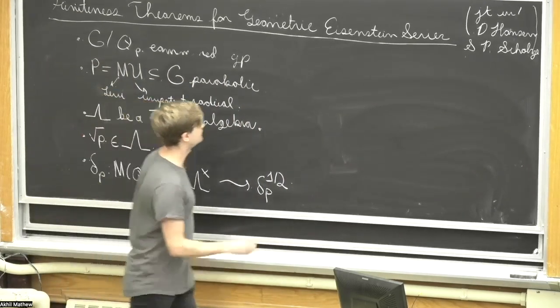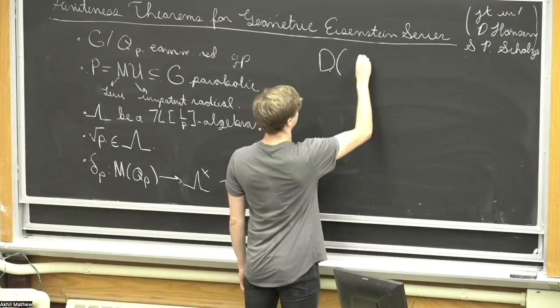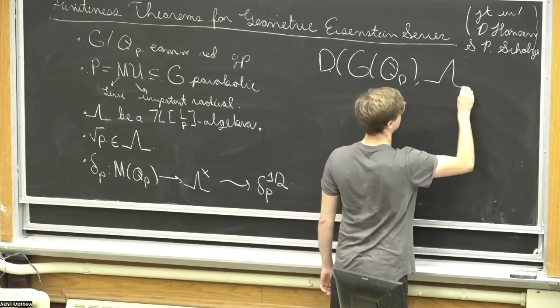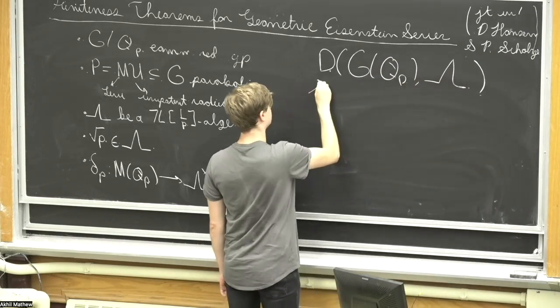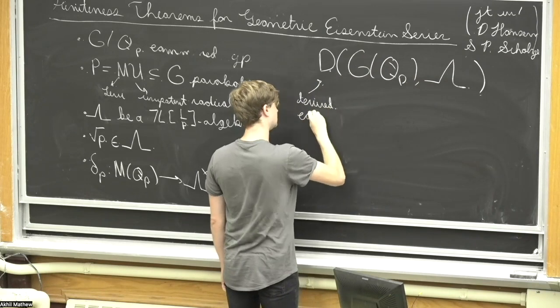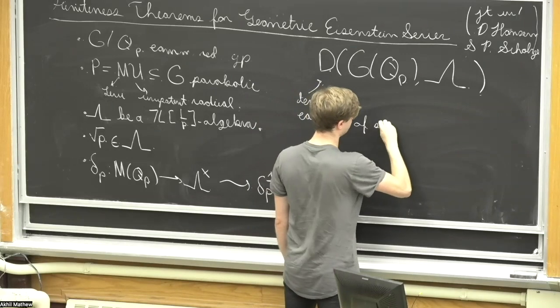Right, so the main object of study here is going to be what we know as D(G(Q_p)). And this is going to be the derived category, in a suitable sense, of smooth lambda representations.